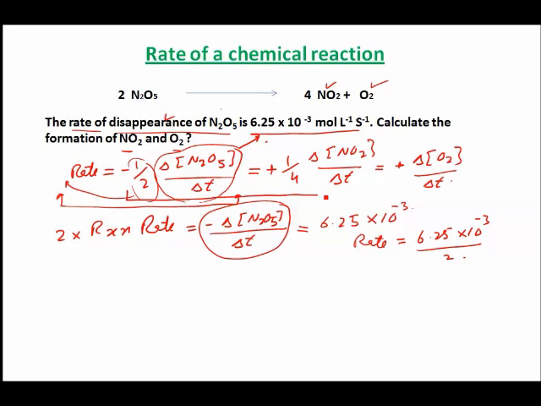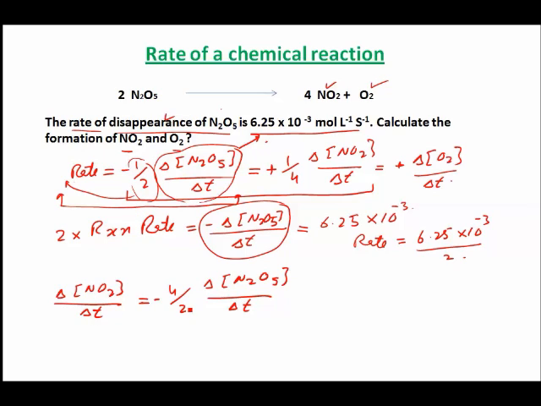Just looking at this equation, the rate of formation, the change in concentration of NO2 by delta T, will be 4/2 times the change in concentration of N2O5 by delta T, because I'm taking this 1/2 to this side, it will be 4/1, so it will be 4/2.